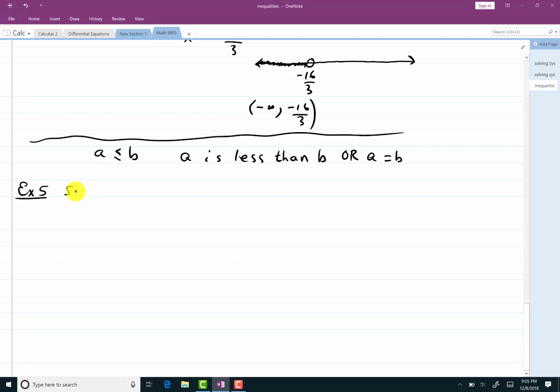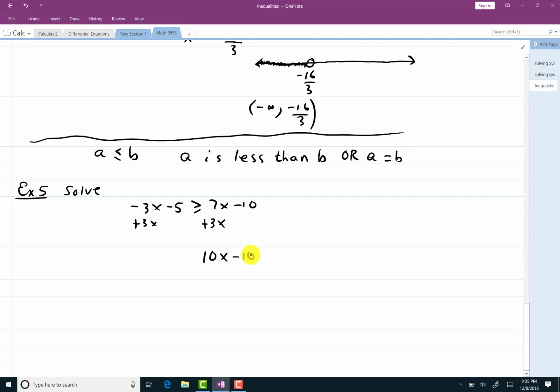So now if I ask you to solve negative 3x minus 5 is greater than or equal to 7x minus 10, I'll still do the same game. I'll try to get x by itself over here. The only reason I'm putting x to the right is because I'm avoiding a negative coefficient for x.